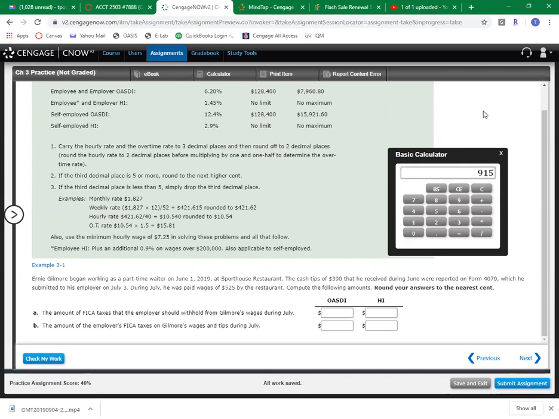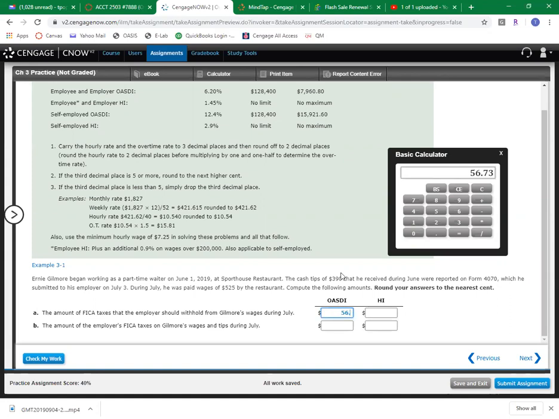Ernie himself and the employer are both going to pay 6.2% for Social Security and 1.45% for Medicare. Once you understand that the tips are taxable income, you just add it together to get his total taxable income. So we would take 915 times 6.2%.